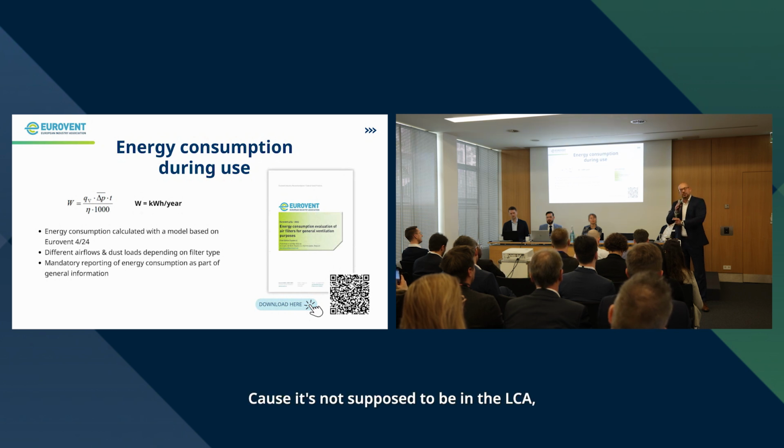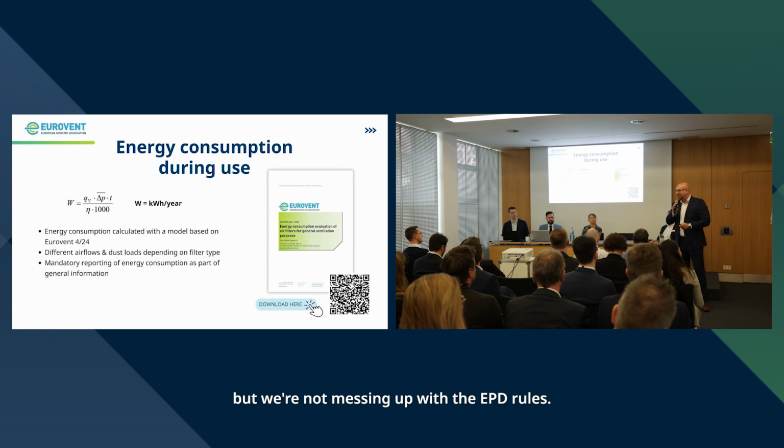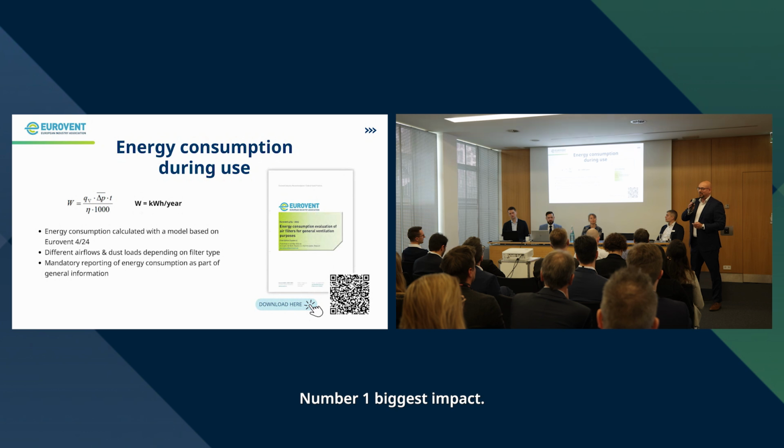Because it's not supposed to be in the LCA, but it needs to be communicated. So you still have the possibility to select a filter based on its energy efficiency, but we're not messing up with the EPD rules. Number one, biggest impact.